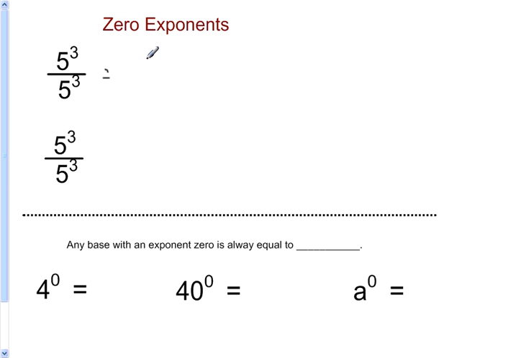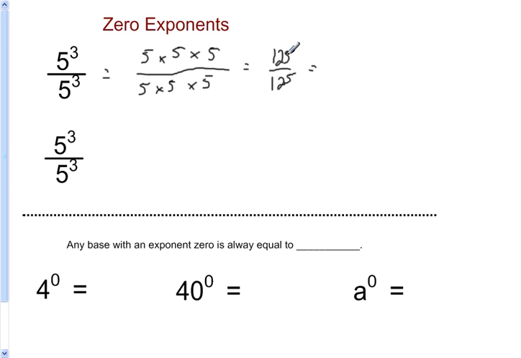Now remember, if we have 5 to the 3, that's the same as 5 times 5 times 5 on the top. And 5 to the 3 on the bottom is the same as 5 times 5 times 5. Now if we do the multiplication, 5 times 5 times 5 is 125 over 125.